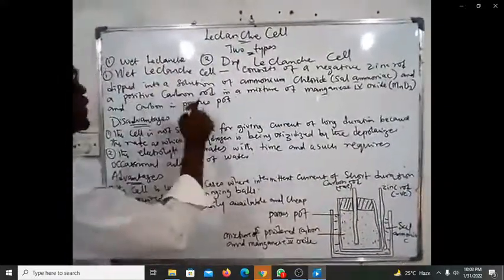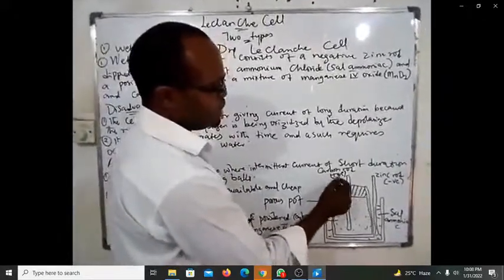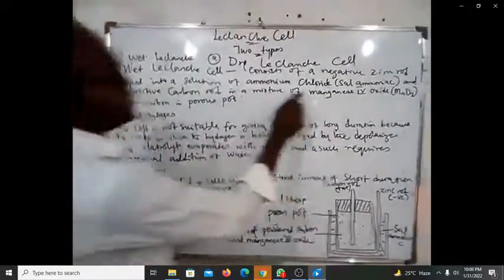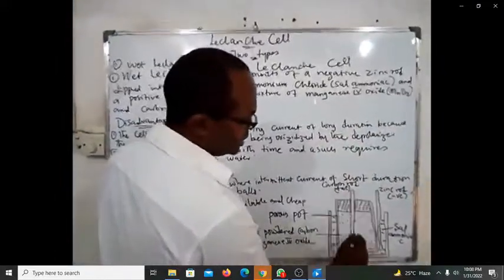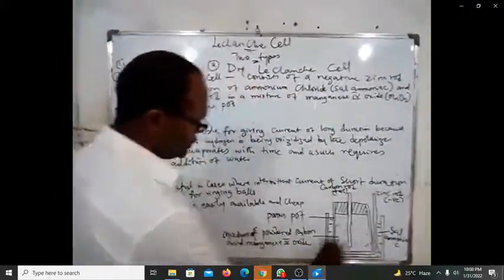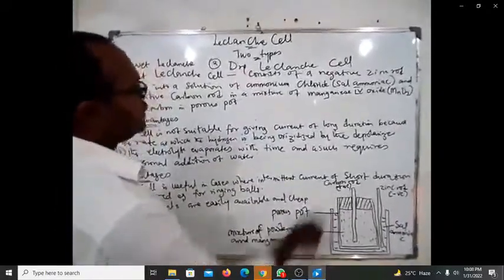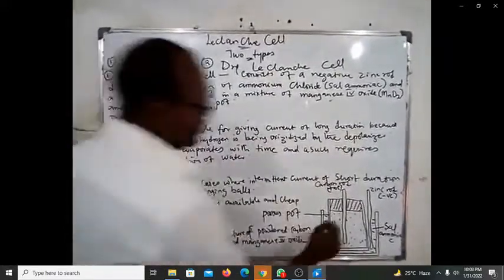And a positive carbon rod. Can you see that it's positive? A positive carbon rod in a mixture of manganese 4 oxide. This carbon rod is inside a mixture of powdered carbon and manganese 4 oxide in a porous pot.